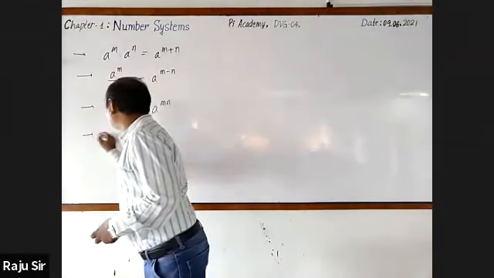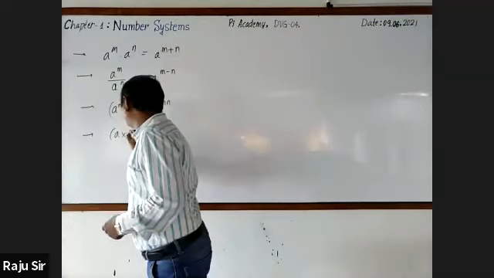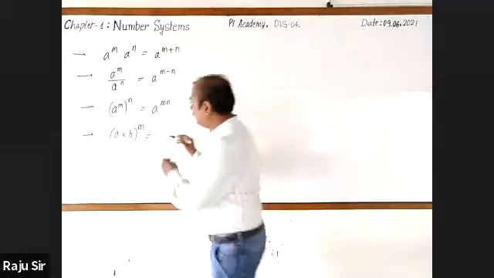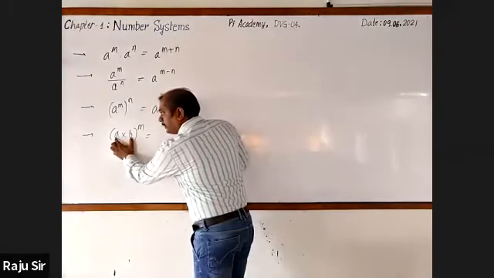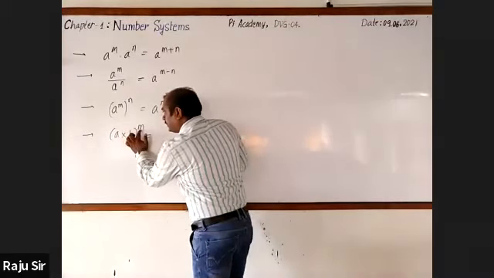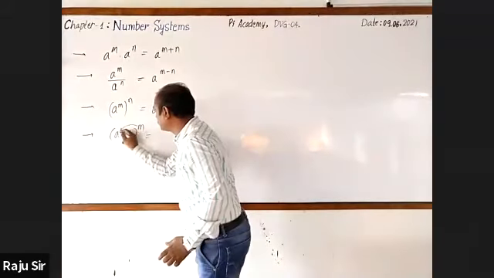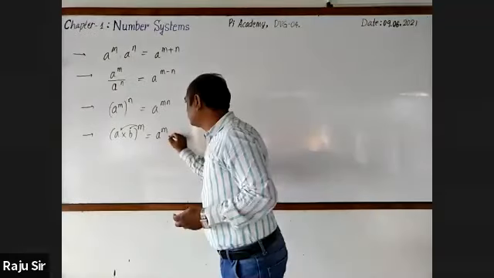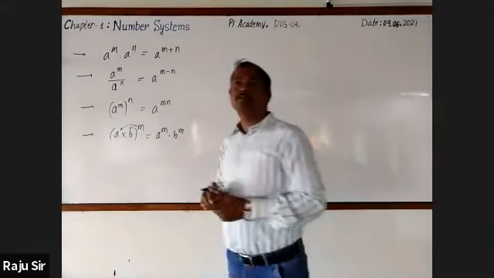Next, a into b whole raised to the power m. Here, two different bases are there, the power is the same, and this power should be applicable to both. It can be written as a raised to the power m into b raised to the power m.